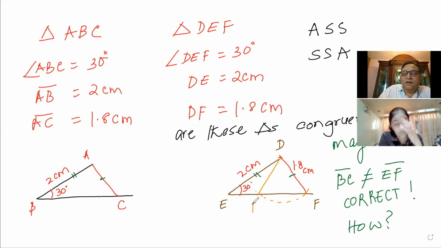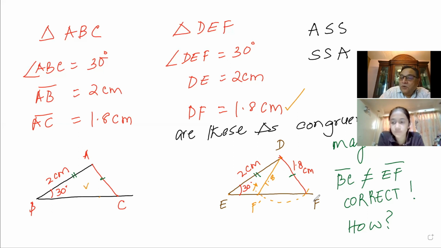So I could have a point F which is not that far but closer. Do you see this F dash? Now I still have another triangle which is having the same dimensions. You see D to F is again 1.8, but this triangle is not congruent to this. Is that clear to you?